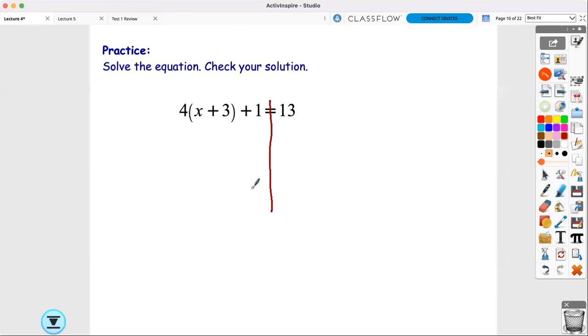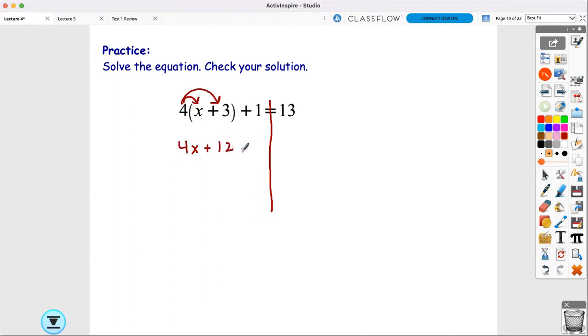Now you have the steps that I gave you a couple slides ago, right? So what was the first thing we do? You multiply 4 times x and 4 by 3. Good. 4 times x gave you what? 4x. 4 times 3 gave you what? Positive 12.